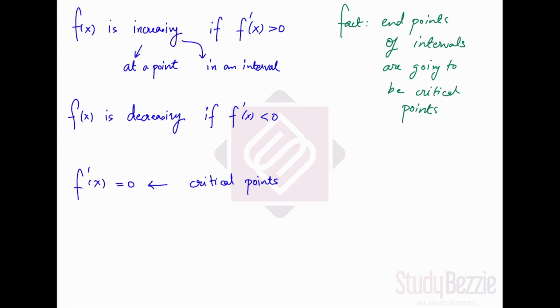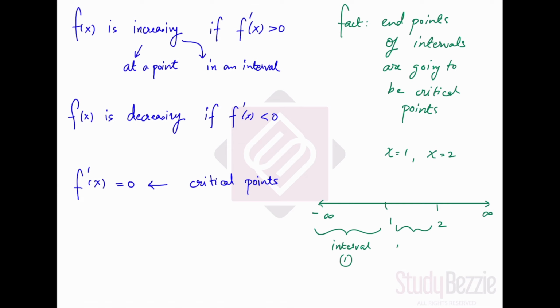Let's say a function has a critical point at x equals 1 and at x equals 2. You will take the whole interval from minus infinity all the way to infinity and put these points there too. These points are where you're going to mark your intervals. This is going to be your interval 1. This is going to be interval 2.